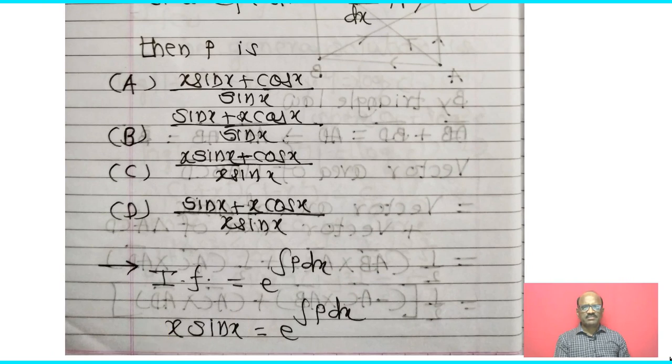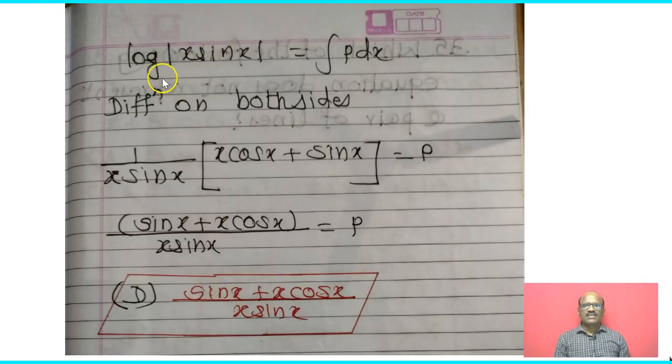Now here, log of mod of x sin x equals integral p dx. Differentiate on both sides: 1/(x sin x) into the derivative of x sin x, that is x cos x plus sin x, equals p. Therefore, the value of p is (sin x plus x cos x) upon x sin x, and hence option D is the correct one.